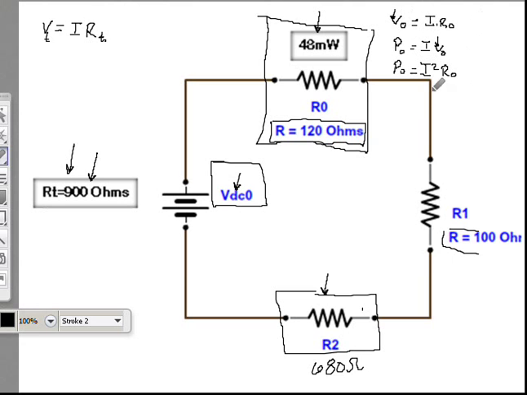So the current is going to equal the square root of the power at R0 over R0, with the square root over the whole thing. So let's pull out the calculator.